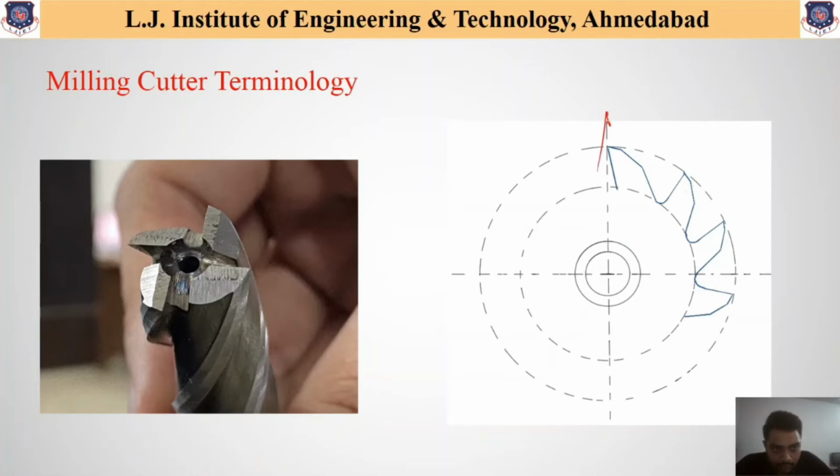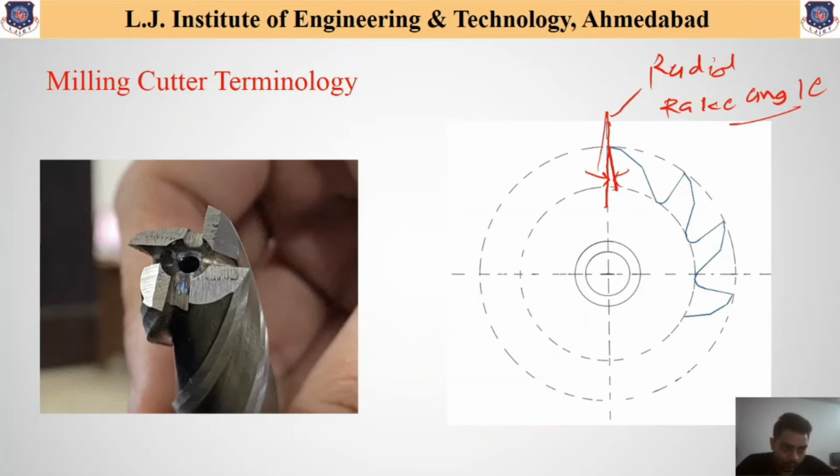This vertical line forms a certain angle with the face of the tooth, and the angle between this vertical line and the face of the tooth is called the radial rake angle. This is the first angle which helps to remove the material, and it is a major important angle for removing material from the workpiece.